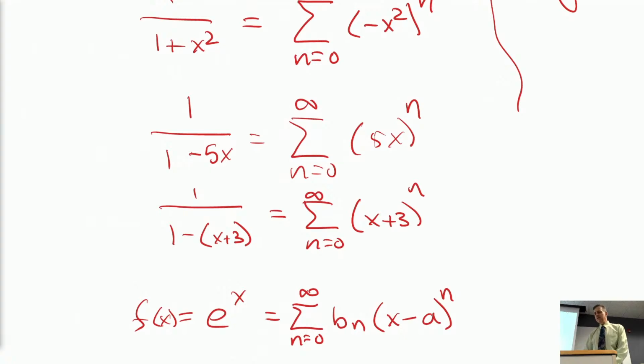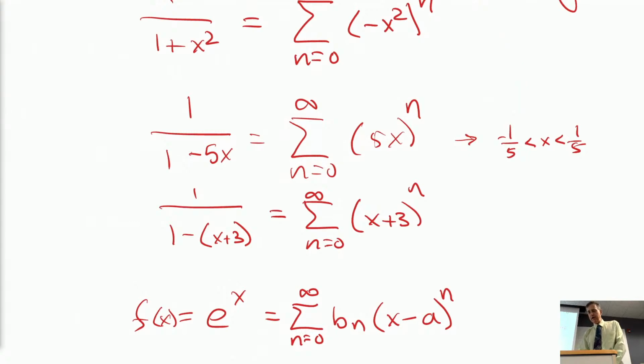The big deal about that one is that when you have a power series, which you had at least one like this on your test, if the power series is not x to the n, if it's (x plus 3) to the n, then it's no longer centered at 0. So for example, this has an interval of convergence from negative 1/5 to 1/5. You're just going to have to trust me on this.